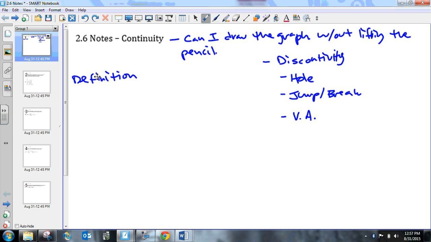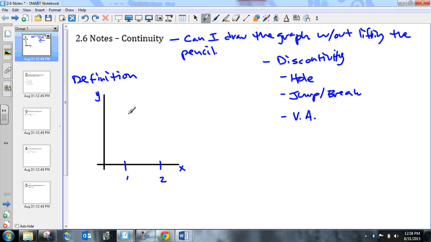we need to think about what it is to have a continuous function at a point. I'm just going to draw arbitrary x and y axes, labeling my x-axis and my y-axis. Instead of letters, I'm going to use actual numbers, 1 and 2.